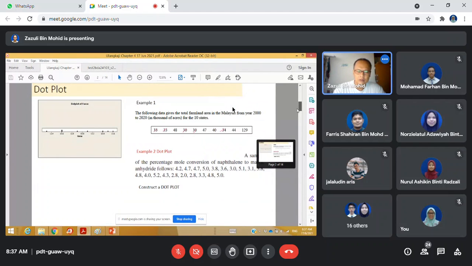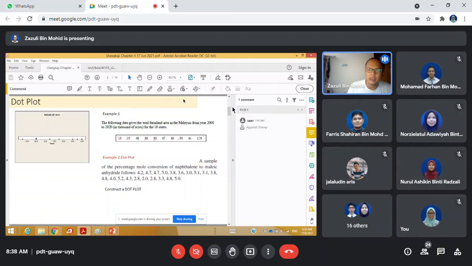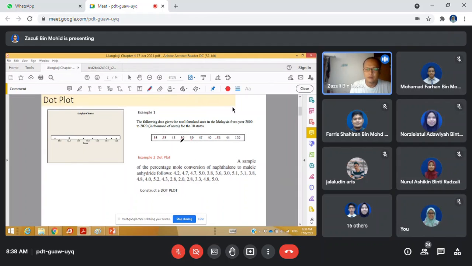So when you have the answer in the dot plot, that means you only have a horizontal line for your axis. Some of you put it like this, you have this 33, 33, 48, 50, 49, 40, 34, 44, and 129.